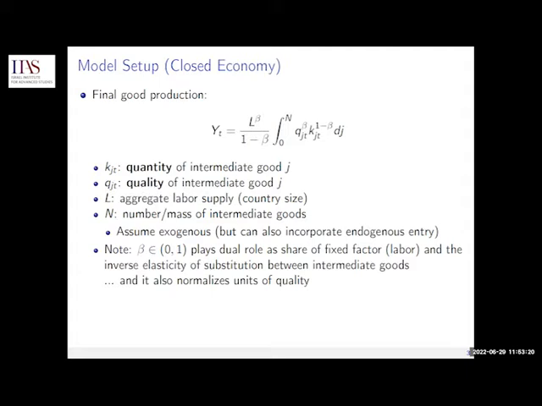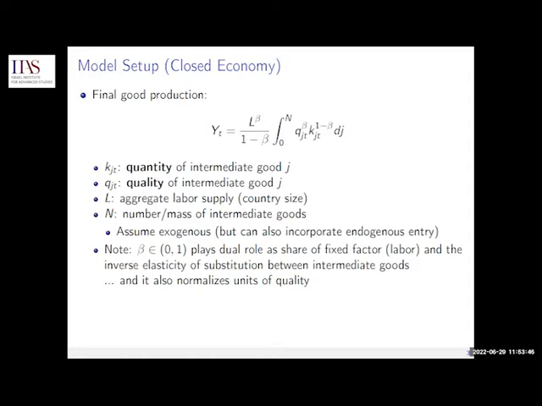The final good is then used for consumption. It's used for paying for the innovation costs that I'll show you in a second, which are going to be exactly the same form that I showed you before. It's also the key input to the intermediate good producers. And the labor here is just used in the competitive final good sector to produce output.